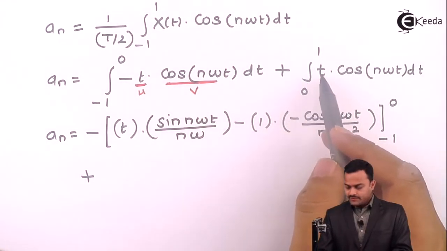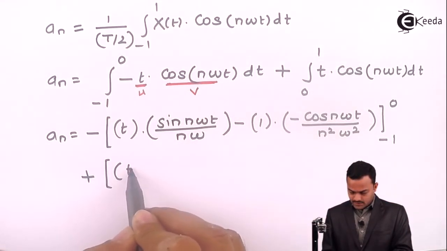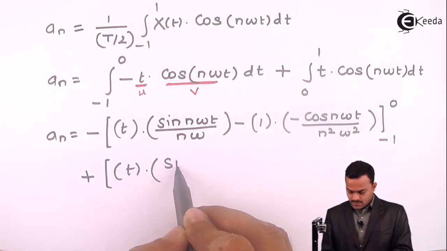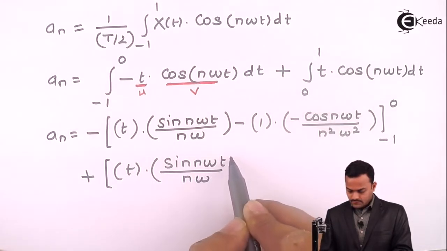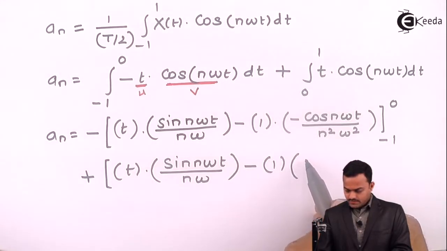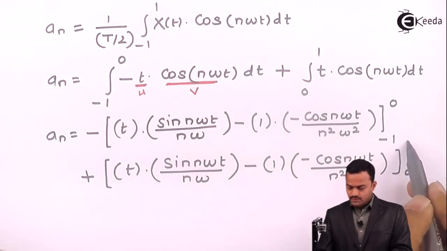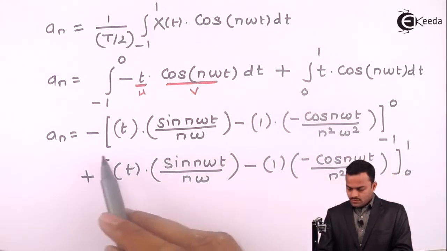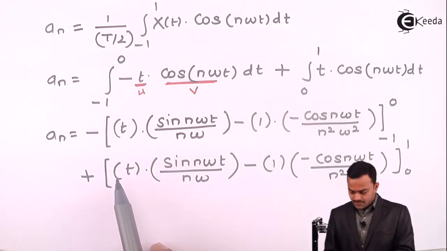Plus same technique we have to use for this integral, which will give us t sine n omega t upon n omega minus 1 in bracket minus cos n omega t upon n square omega square, and limits are 0 to 1. So let's first adjust these minus terms so that we can avoid confusion.